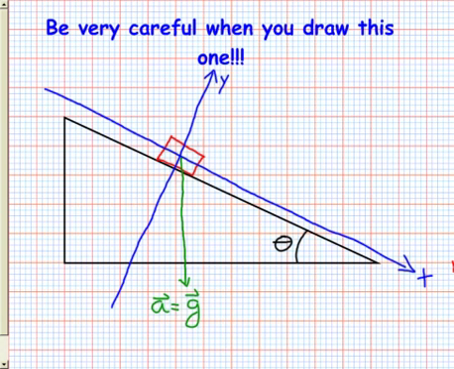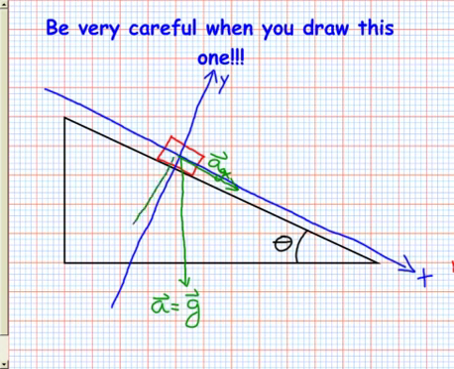Part of this gravity vector is going along the ramp, and that's going to be a of gravity in the x direction. Can you see that well enough? A with a little g and an x after it. Part of the acceleration due to gravity is going to be trying to get the block to go down into the ramp.